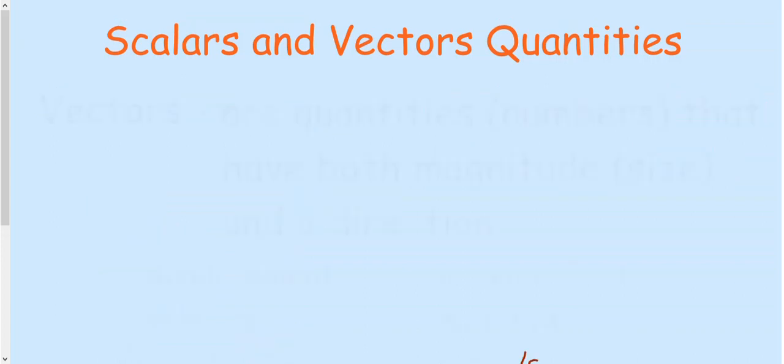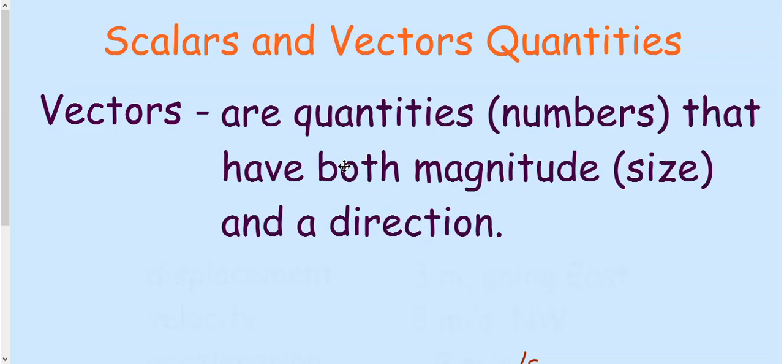However, vectors are a different type of quantity. They are the ones that give us a little bit more information. So vector quantities have both magnitude and direction, which gives us a concept of direction. Right now, the only directions that we have discussed are moving towards and moving away.